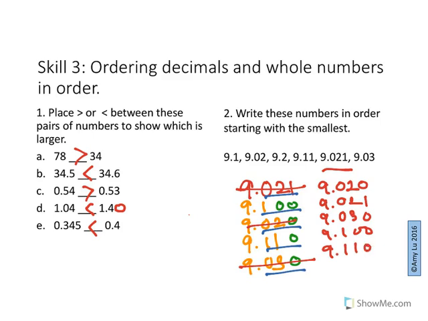And then at this point you can get rid of those zeros and just write it as 9.02, 9.021, 9.03, 9.1, 9.11. And there you go. That's your numbers in order.